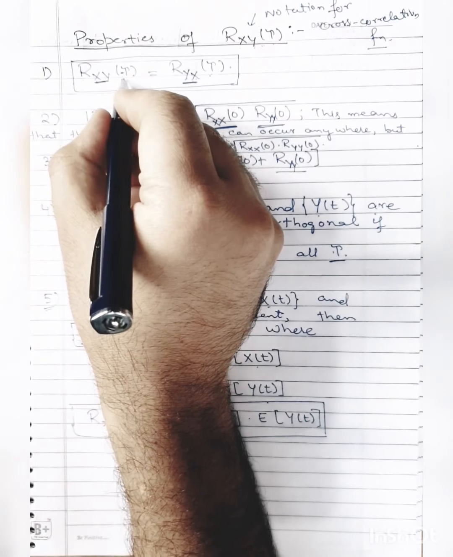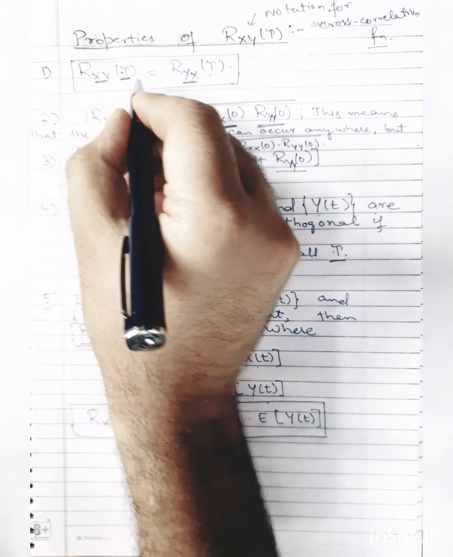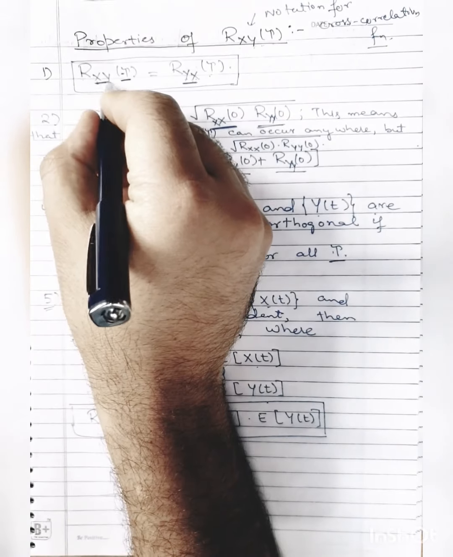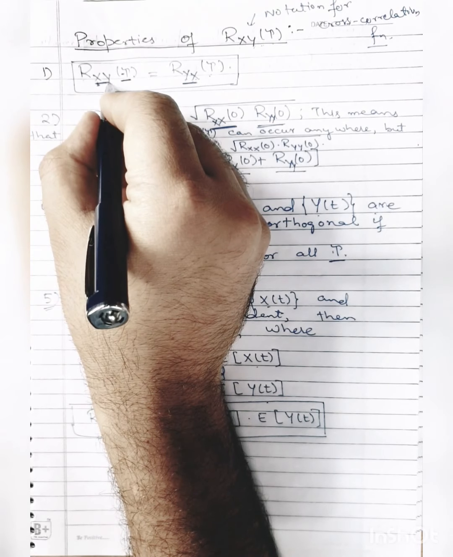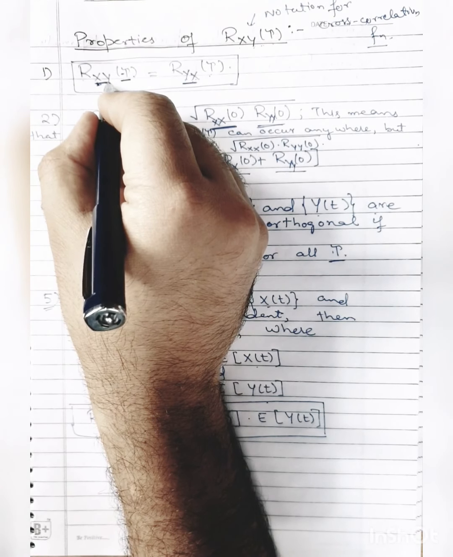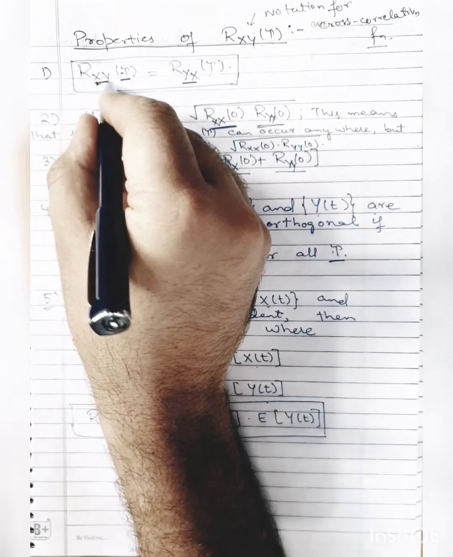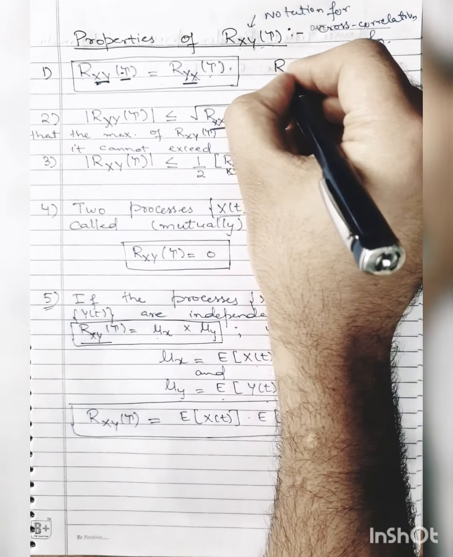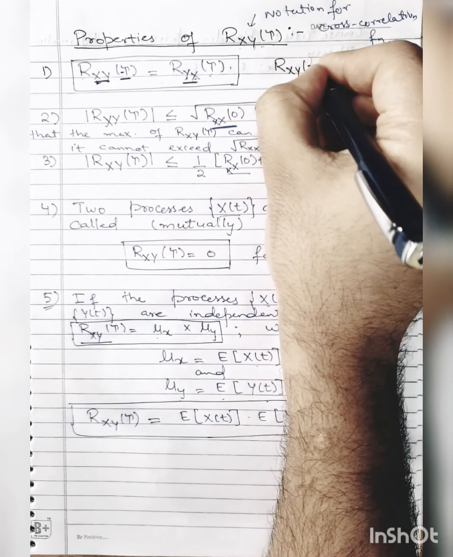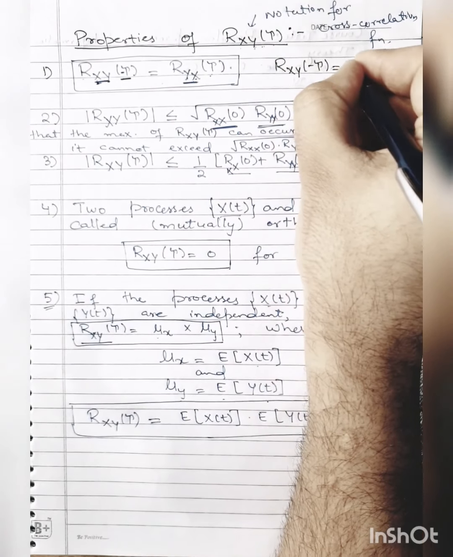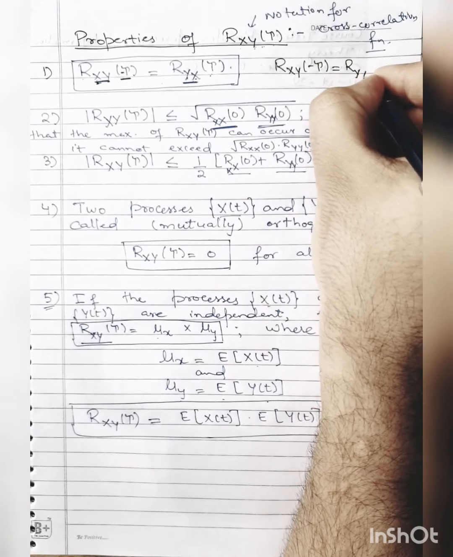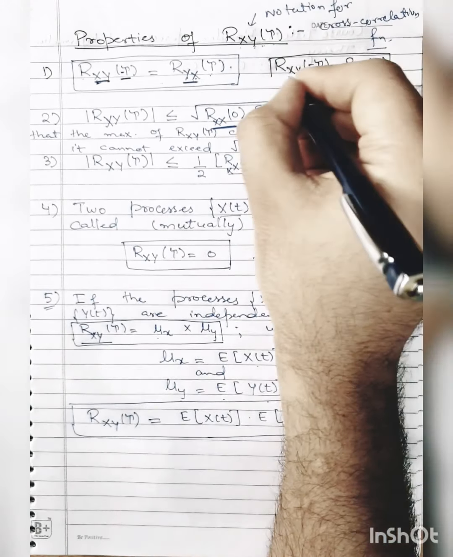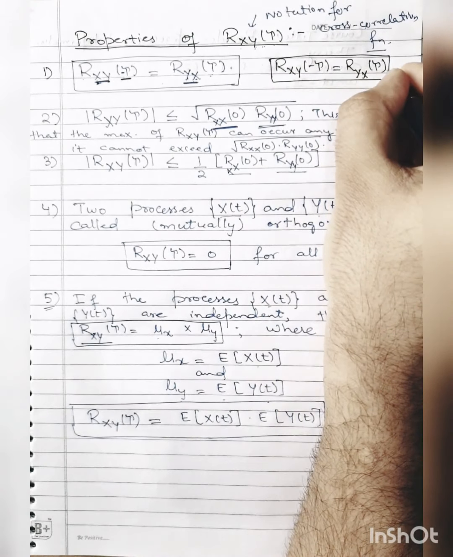That means if you put minus tau here, it interchanges x and y, the two jointly wide-sense stationary random processes. Rxy(-tau) is nothing but Ryx(tau). So this is the first property of the cross correlation function.